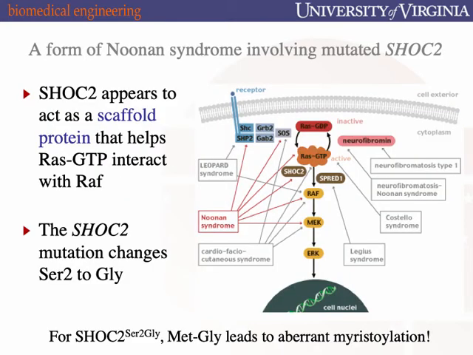And it's the myristylation pathway and the modification that will enable us to circle back to Noonan syndrome and the Ras MAP kinase cascade. And the reason is that in a subset of individuals with Noonan syndrome, there is a specific mutation in a scaffold protein, more to come on that in a moment, called SHOC2.